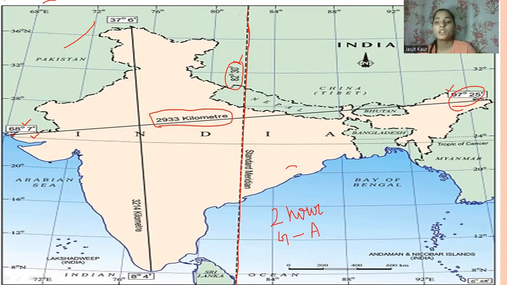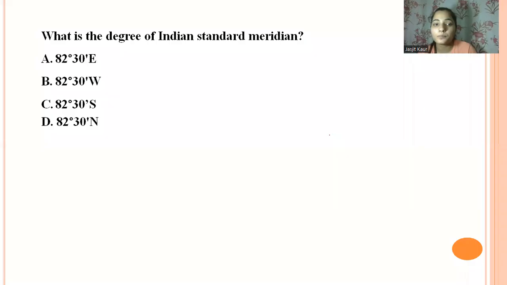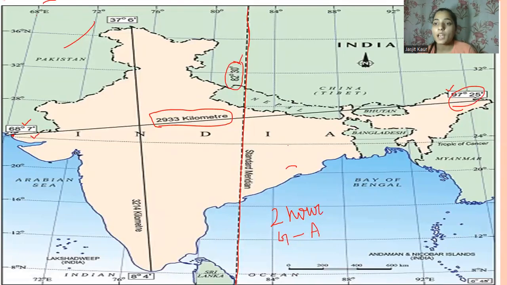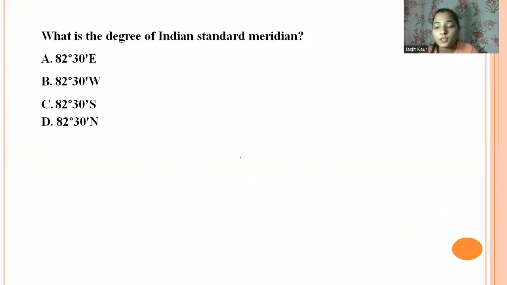Okay, so now moving forward, I will be giving you one question for practice. Suppose the time in Arunachal Pradesh is 4 a.m. Just imagine, if in Arunachal Pradesh the time is 4 a.m., then what will be the time in Gujarat?